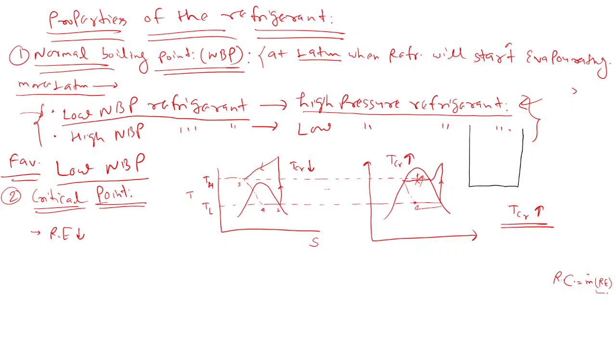So if H1 minus H4 is less, then m dot would get increased, right? These are all disadvantages we are going to write. And whatever work you have to give to the compressor is a function of the mass flow rate, so the work for the compressor also gets increased, right?